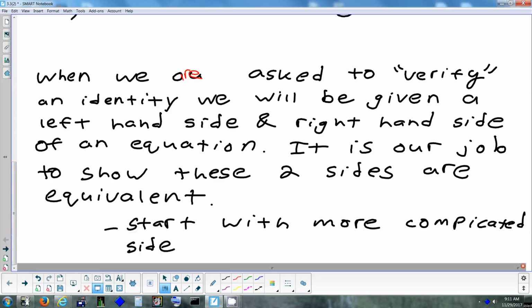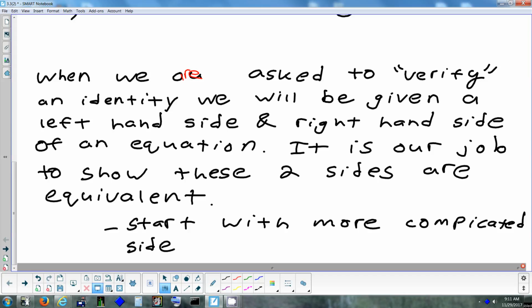Sometimes when people do trig identities, they try changing both sides at the same time. You can, but some people get confused doing that. So leave one side alone, play with the other side. Any questions on that?